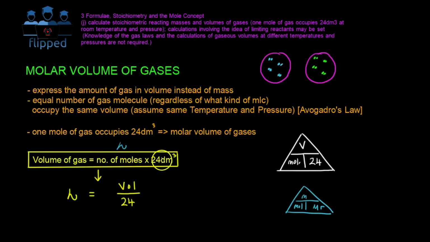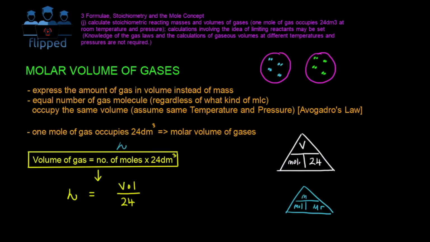So I just shifted the 24 dm cube over here. You can use the triangle to determine this as well. When I want moles, I just cover the mole, and I can see that it's volume over 24. If I want volume, I just cover the volume, and I can see that it's mole times 24, as per this equation here.